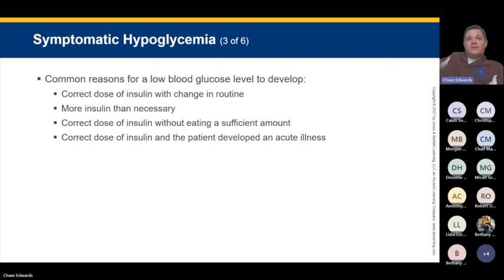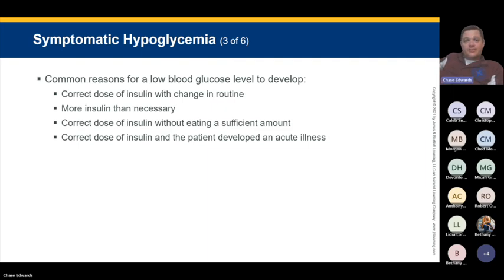All right, so some common symptoms for low blood glucose, for that low blood glucose level to develop: the correct dose of insulin with a change in routine. If you change your routine up, then you can actually create the problem, even with using the correct dose, if you do it at a time that's not usual.